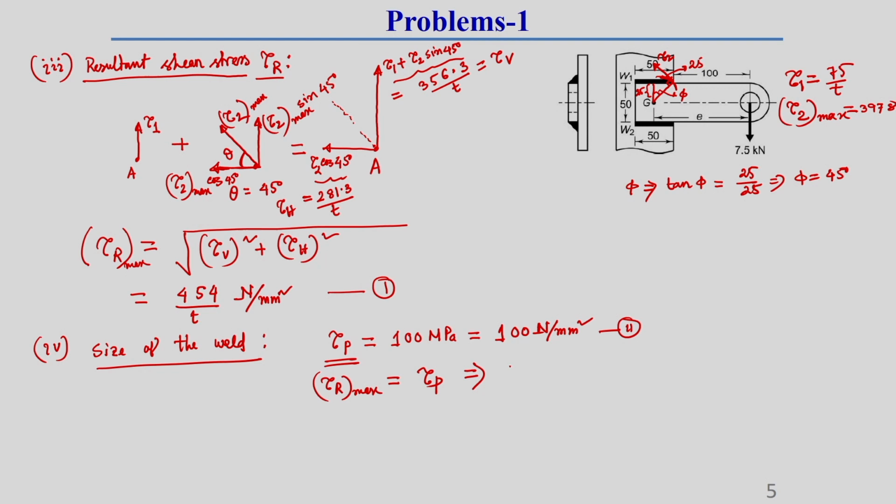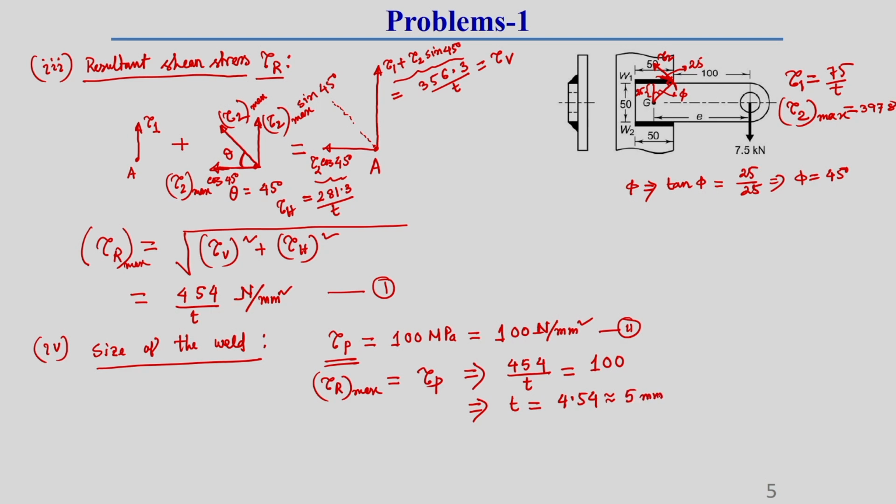If we put these things, what we are getting here is 454 divided by T is equal to 100. So, how much T are we getting? The throat thickness T we are getting as 4.54. Here we can take the next full digit value, that is 5 mm.